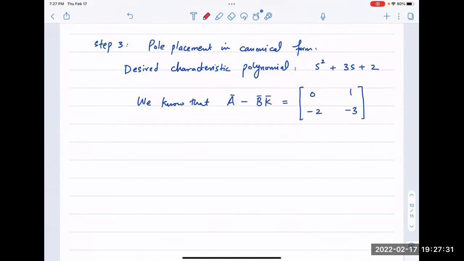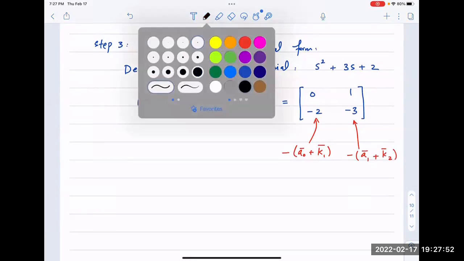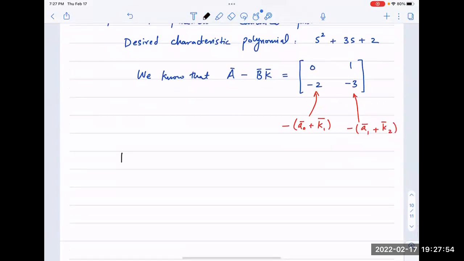This thing here is actually minus a0 plus k1 bar, and this thing here is minus a1 plus k2 bar. If you know this, then comparison can help you find the k1 bar and k2 bar.